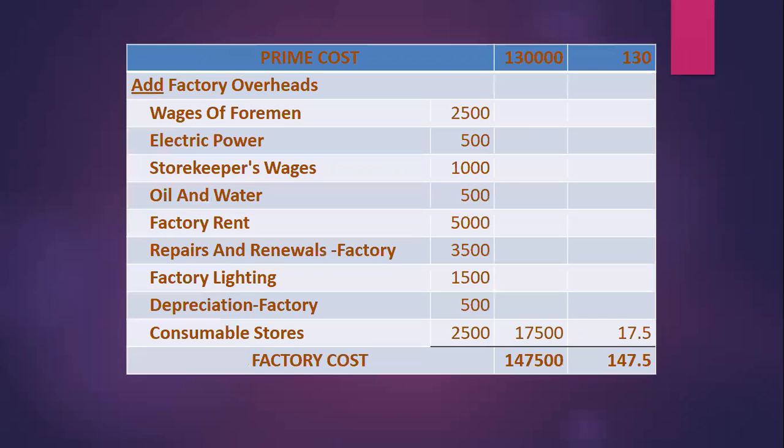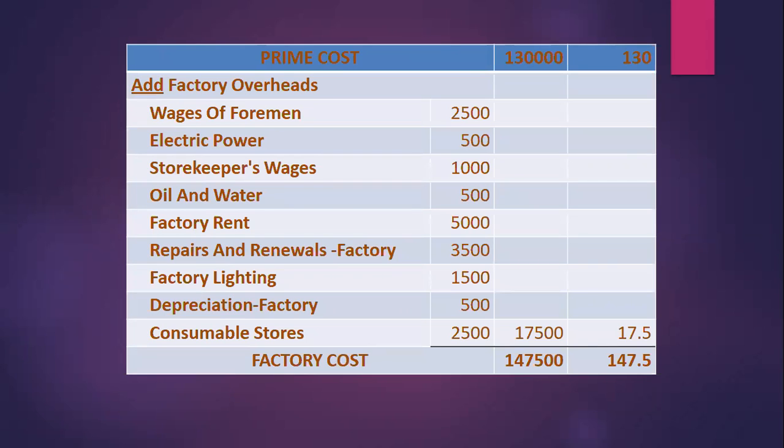We'll add factory related expenses. We can make 2 columns, or show it through 3 columns. A minimum of 2 columns can be used, and no more than 3 columns are needed at any place.